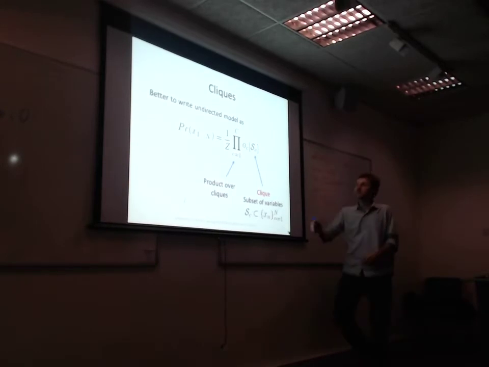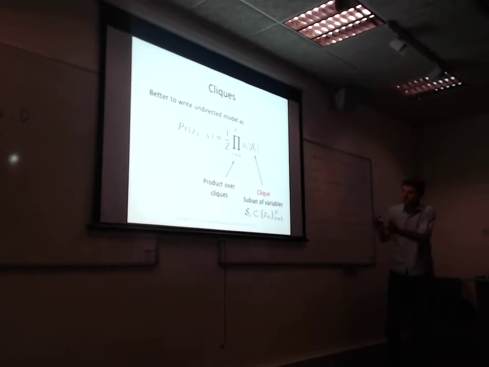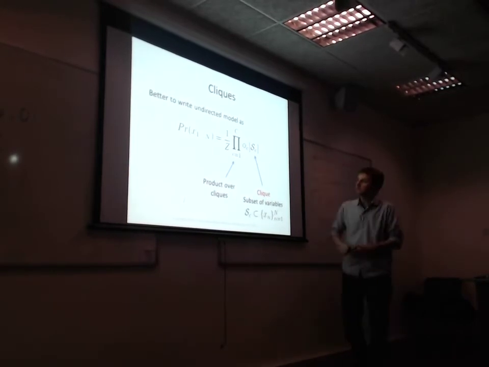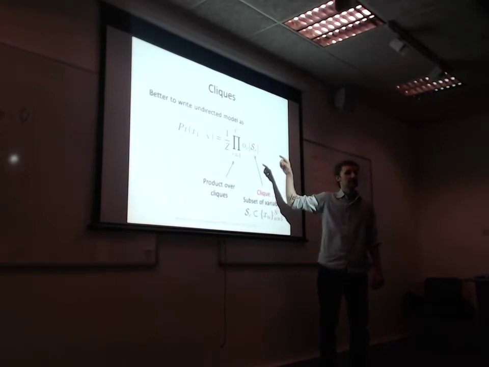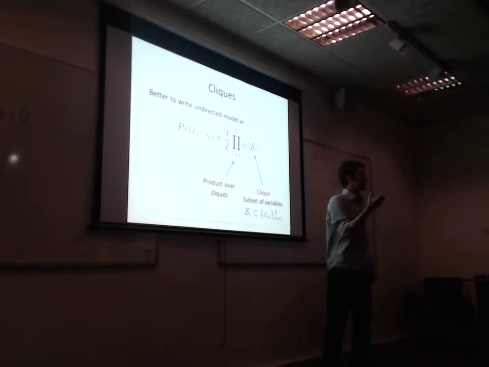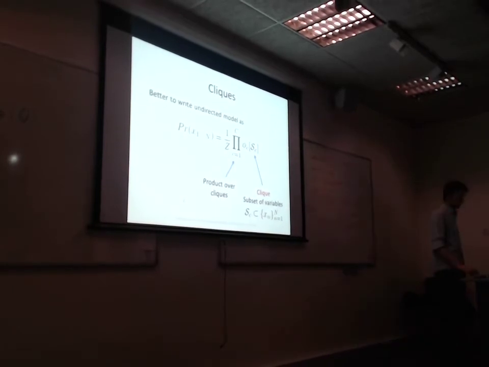So you can think of C as clique or C as collection. And you'll see in a moment what that means, but it says this is a collection of random variables, and the same random variable may be present in different cliques.